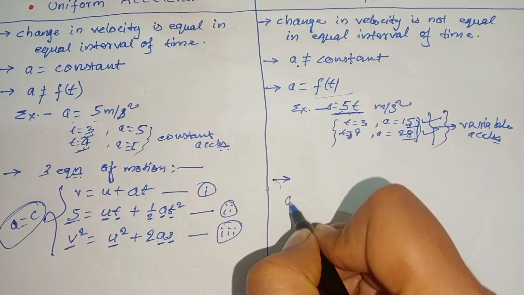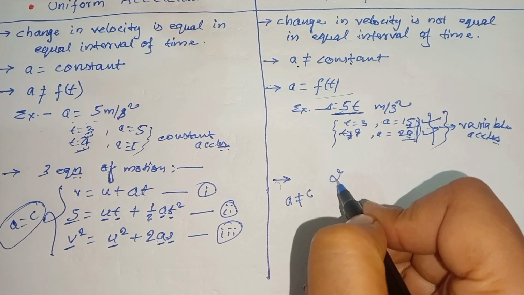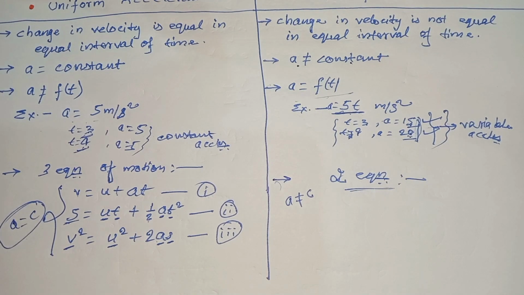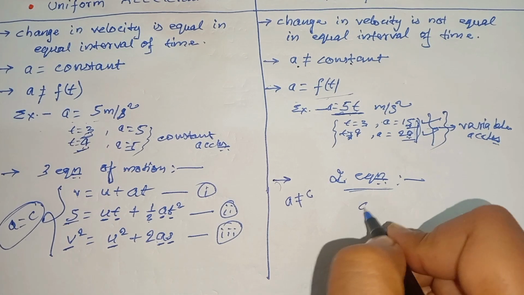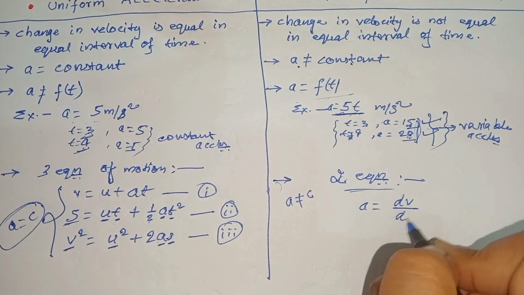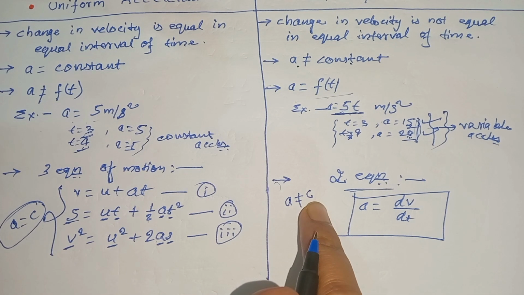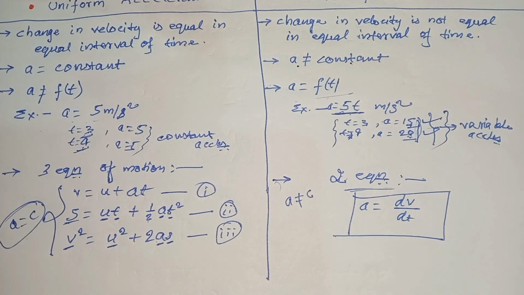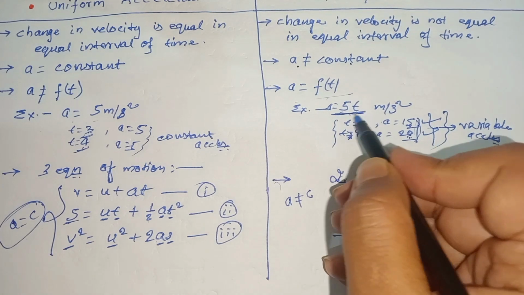When acceleration is not constant, generally two equations are valid. There are some extensions, somewhere written as 3, somewhere 4, but those are derived. Mainly there is only one, but we write 2: acceleration equals dv by dt. When the acceleration in a numerical is not constant, we recognize it by looking at the t factor.